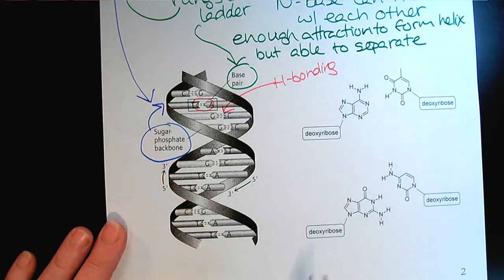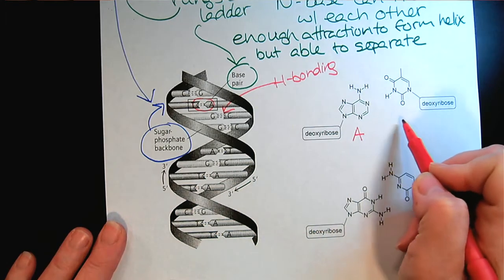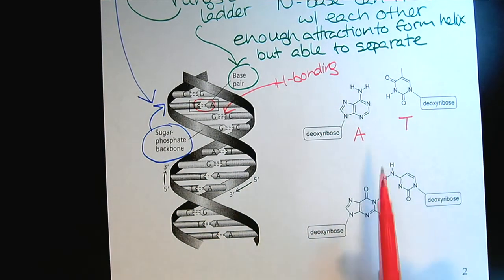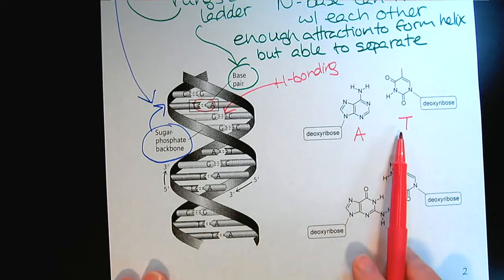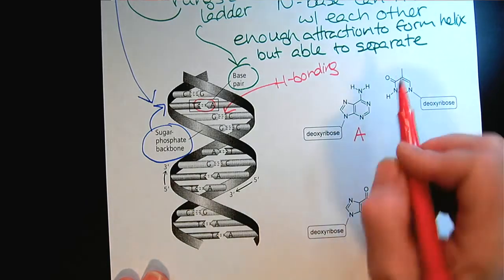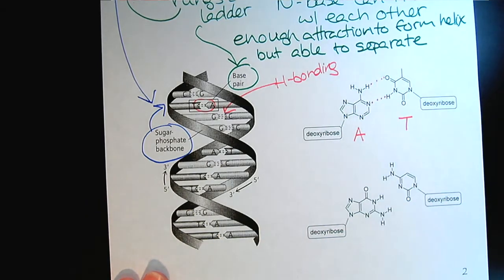So if we see here, this is an adenine, and this is thymine. And so it's important to note that adenine and thymine will always form complements to each other, and we can see how structurally they link together with two H bonds.